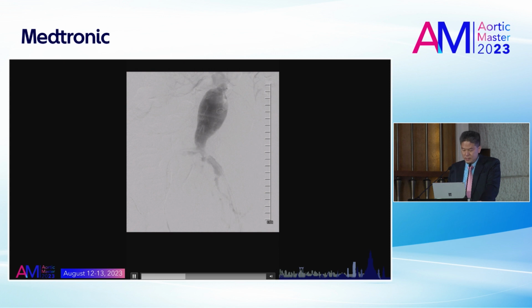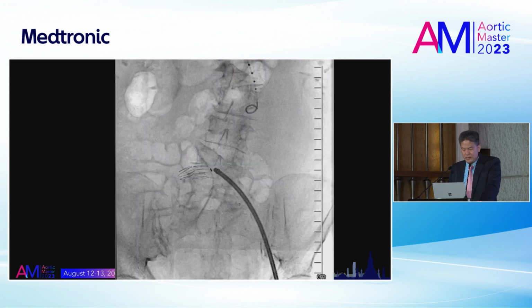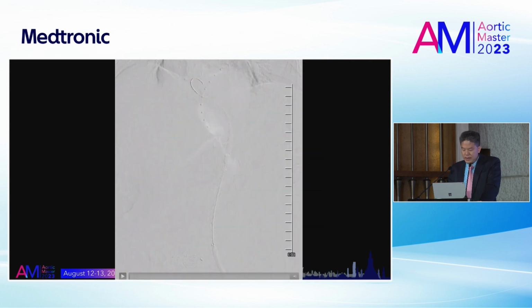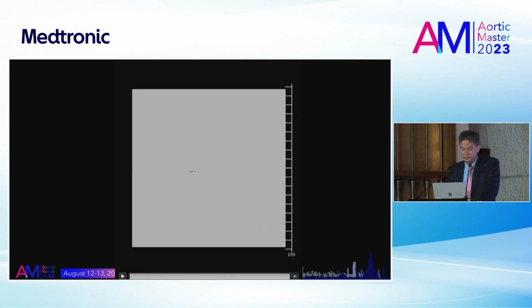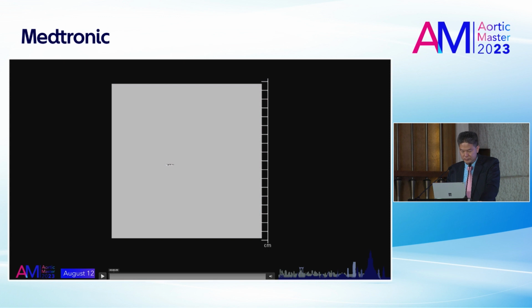Selecting the right common iliac artery and putting in an occluder right there. After that, we put up the main device from the left groin, aiming for the lowest renal artery, and checking that we're not covering anything.